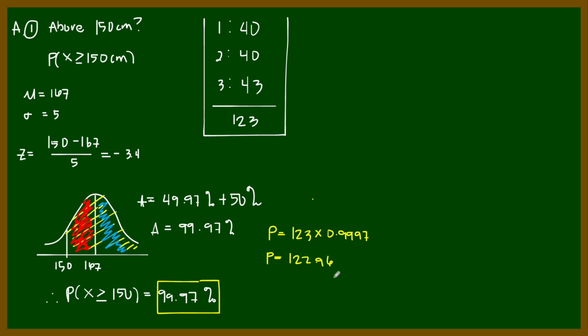Since we don't have students in decimal form, we will round off the answer. So it will turn into P is equal to 123 students. So what this is saying, class, is that out of 123 students, all of them are above 150 centimeters in height.